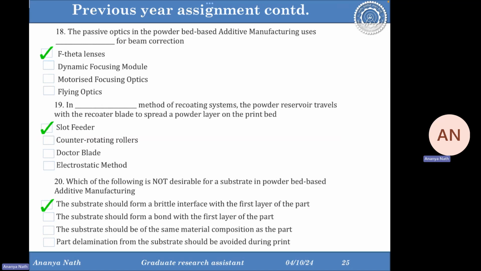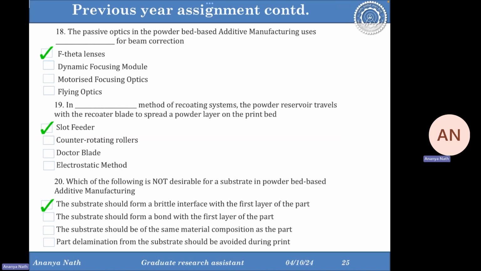This is to avoid any contradictory heat dissipation, so that the thermal conductivity of the printed material and the print bed, or powder bed, or build plate should be the same. So this is the logic why we go for the same compositional material for print material and substrate.